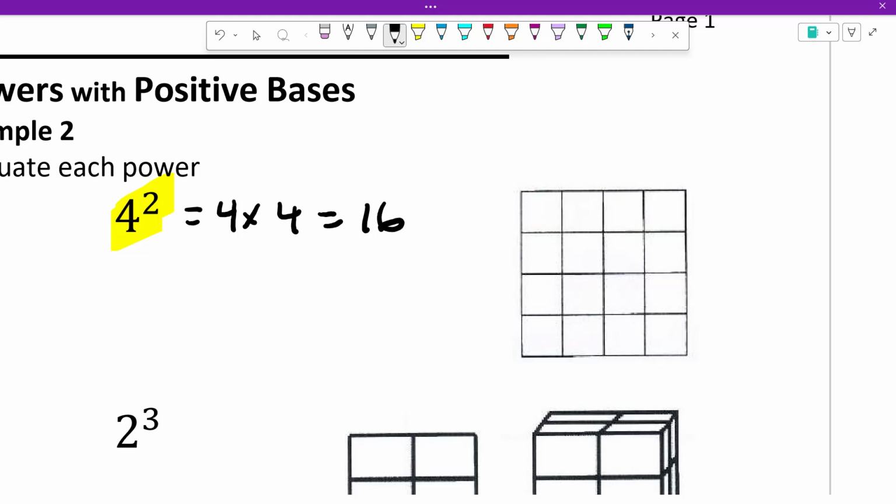Okay. So before we go on to the next one, right? Last year, you guys worked with shapes. You should have worked with shapes. And you did calculations with area and volume. Does anybody remember how to calculate the area of a square?